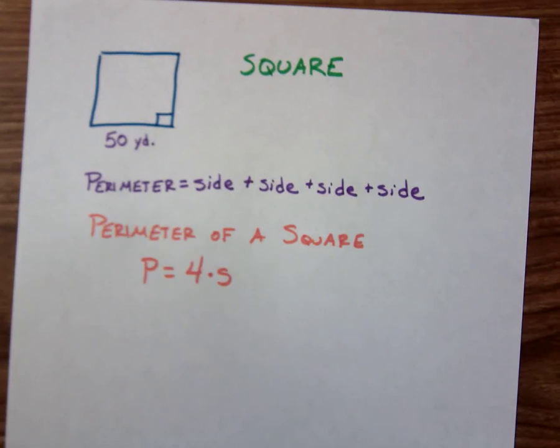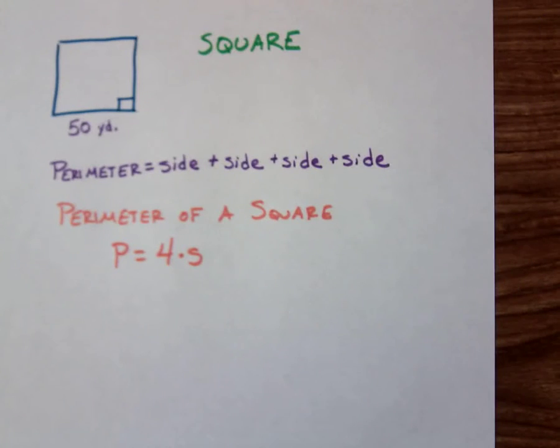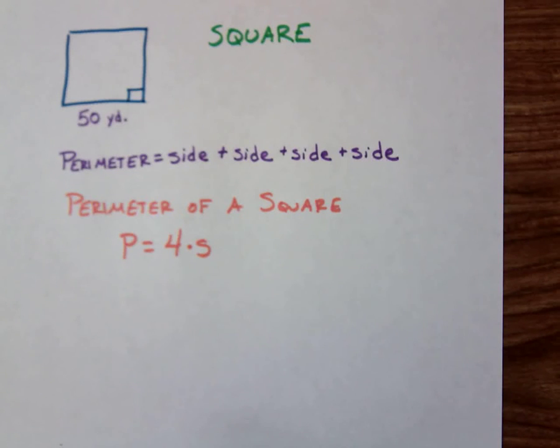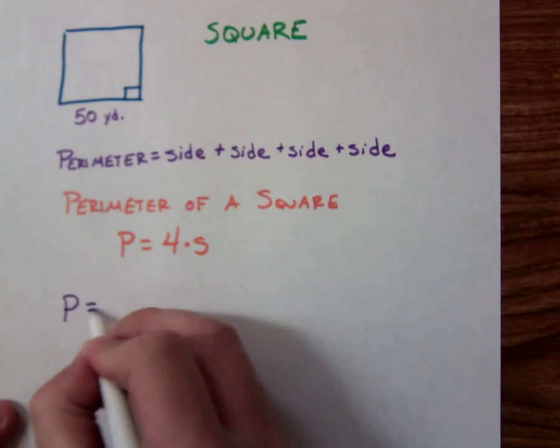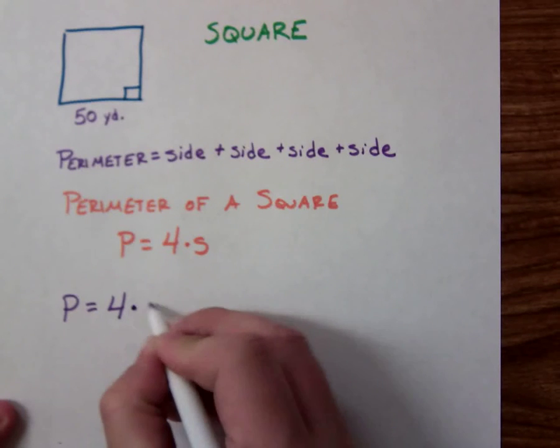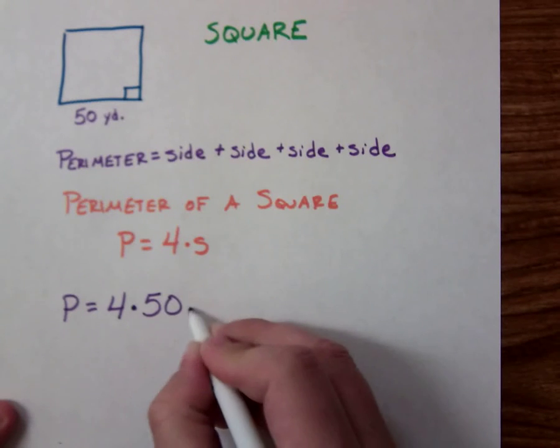That seems like that should work, right? Let's try it. The side here was 50 yards. So what I would do is 4 multiplied by 50 yards.